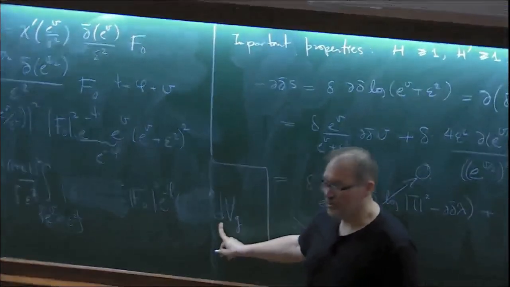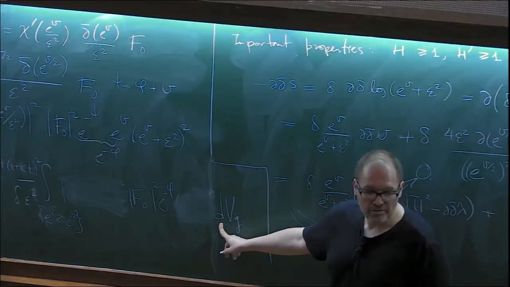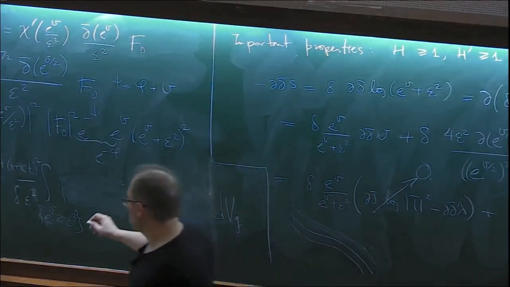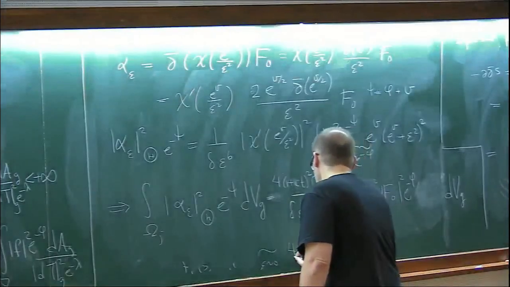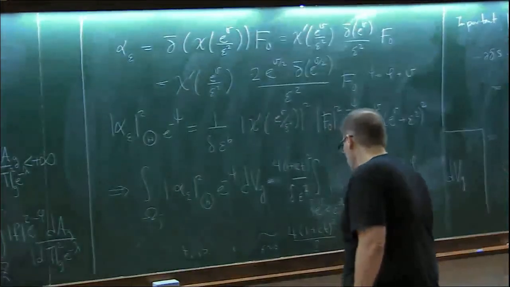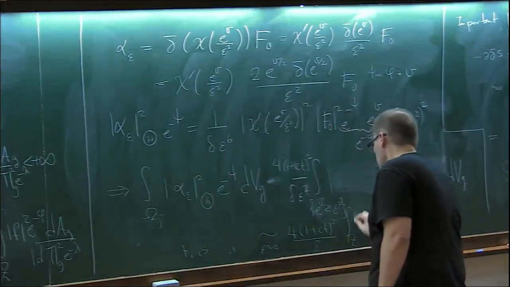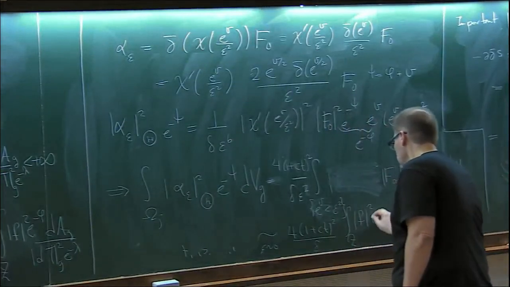But the volume form is going to do what I said when I was talking about adjunction. So for epsilon approximately 0, this is going to be less than or equal to 4 times 1 plus ct squared over delta times the integral in the L2 extension theorem.